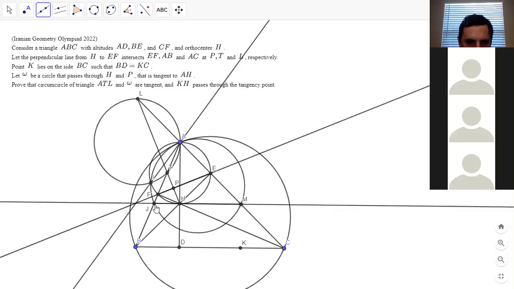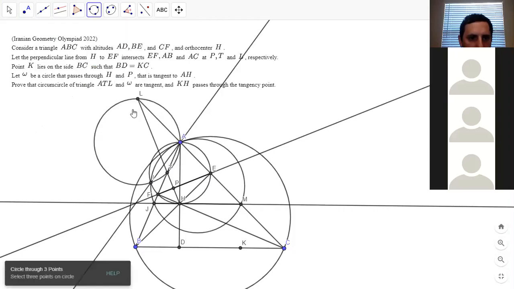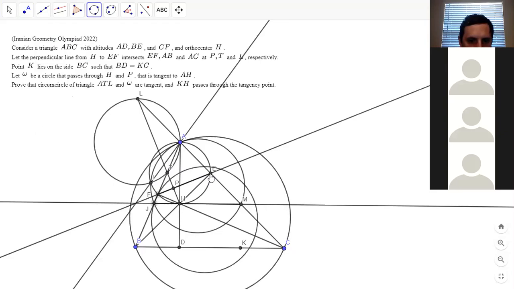Is FEJM cyclic? Yes. Okay, so really it's just the radical axis theorem, I think, right? Well, it depends on how we define point I, but yes. Oh, yeah.